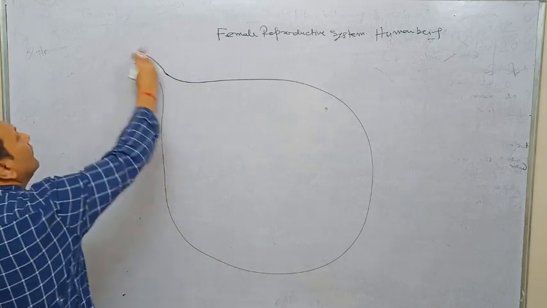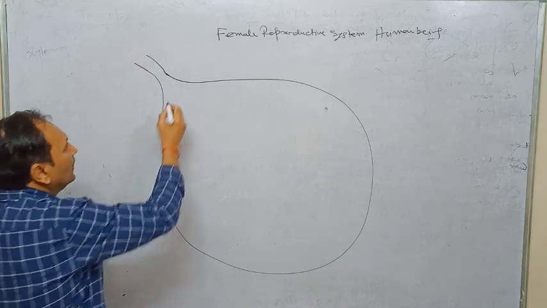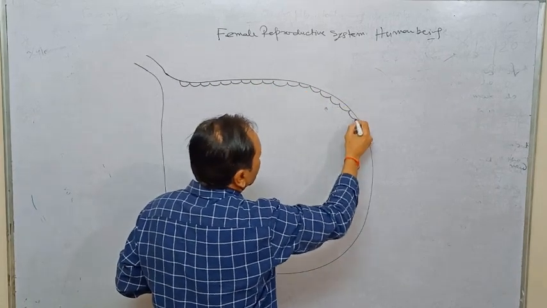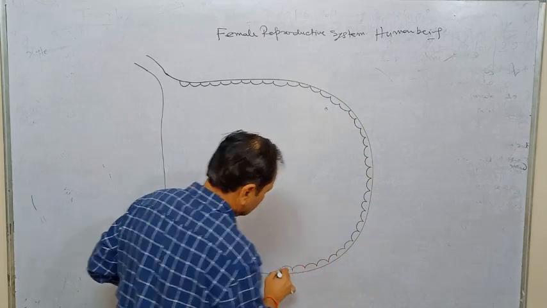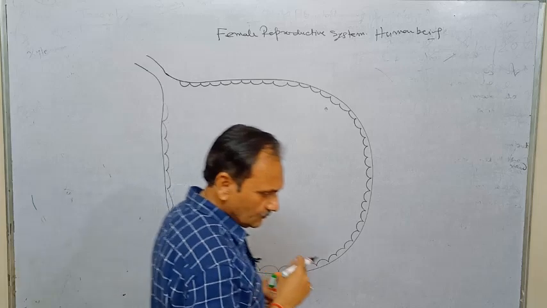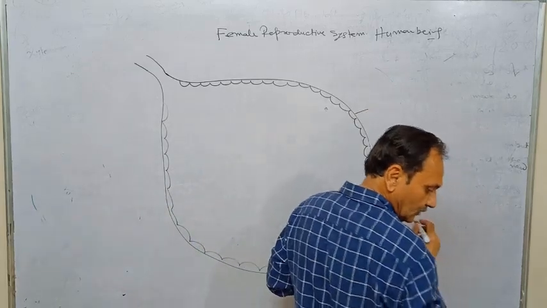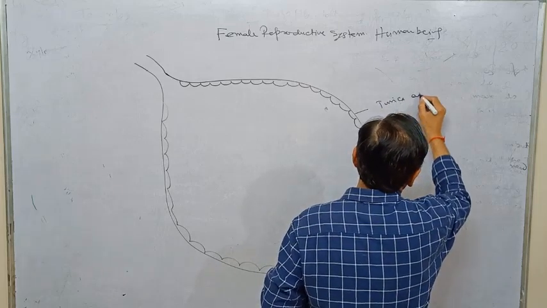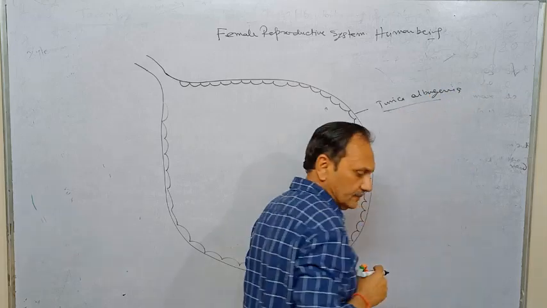It is the ligament through which it is connected with the uterine wall. It is made up of germinal epithelium, and this is called the tunica albuginea.